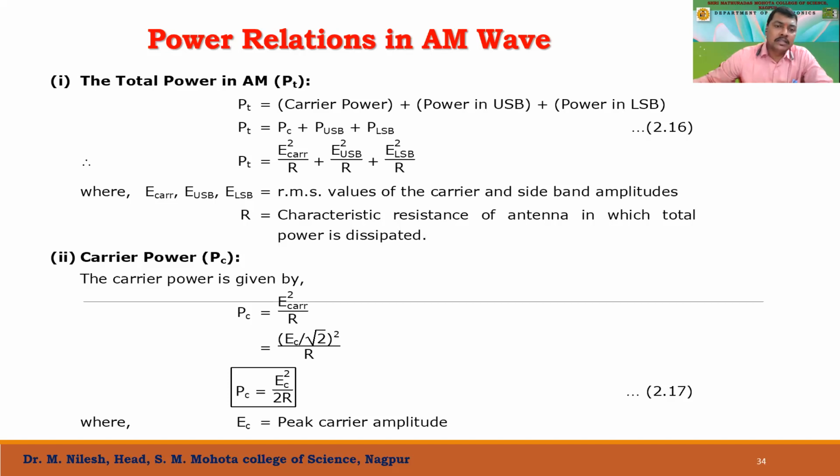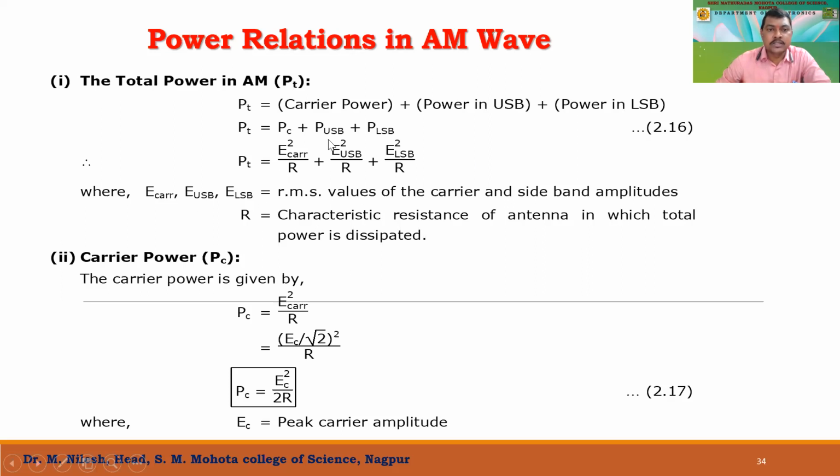We take the amplitude squared divided by the resistance, like this: E carrier square by R, E USB square by R, E LSB square by R, where E carrier, E USB, E LSB are the RMS values of the carrier and sideband amplitudes, and R is the characteristic resistance of the antenna in which the total power is dissipated.